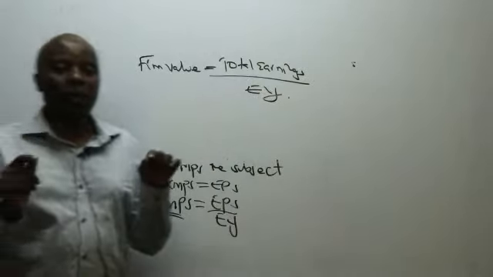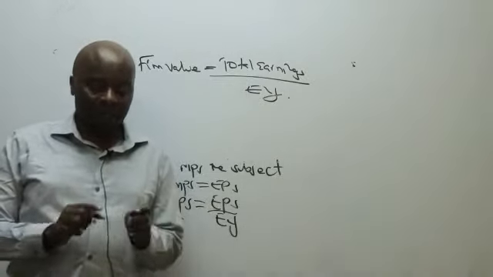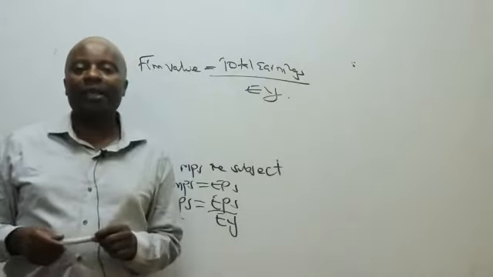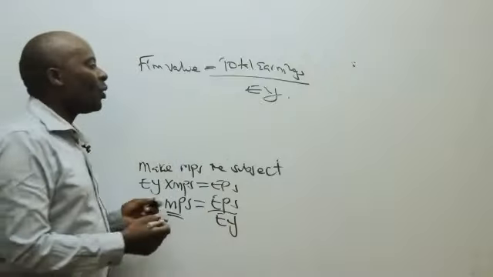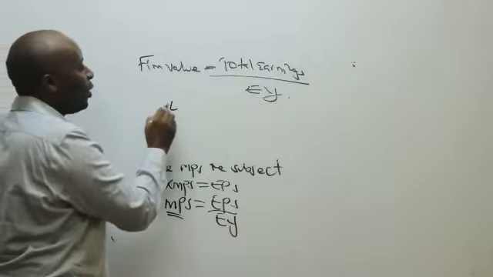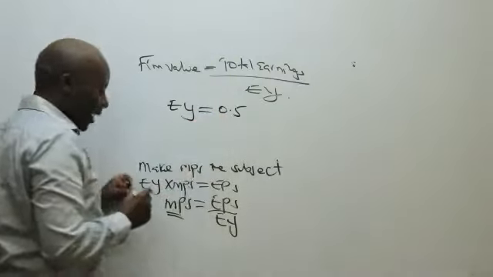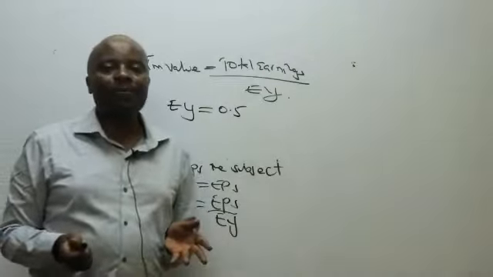So when I go to the acquisitions table, I'll ask them a very simple question. Do you know your earnings yield? Then they'll tell me, yes, for sure we know the earnings yield of this company. We know, for example, that the earnings yield of this company is 0.5. And then what I'll do is to ask for their income statement.